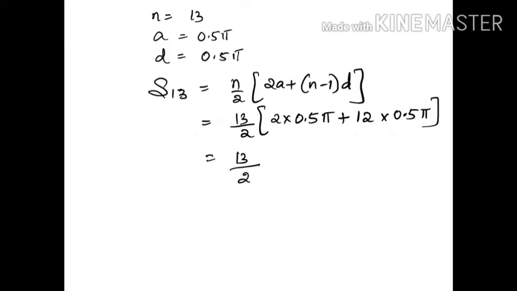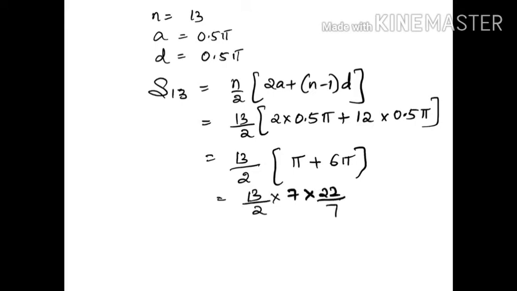Simplifying, we get 13 on 2 in brackets pi plus 6 pi, which is 13 on 2 into 7 pi. Replacing pi as 22 on 7 as given in the question and solving, we get 143 centimeters as the length of this spiral.